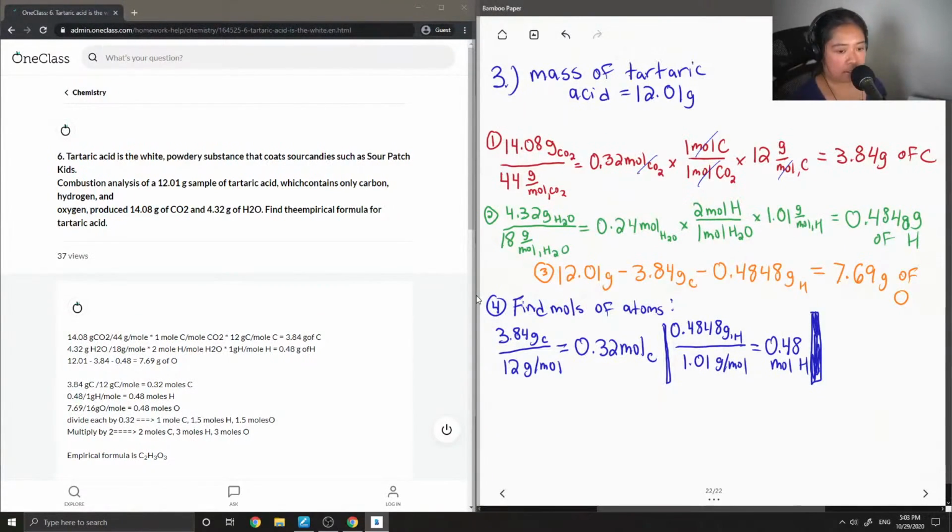And then we do the same thing for oxygen: 7.69 grams divided by the molar mass of oxygen, 16 grams per mole, and we get 0.48 moles of oxygen.